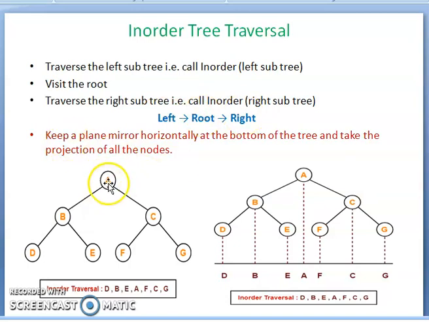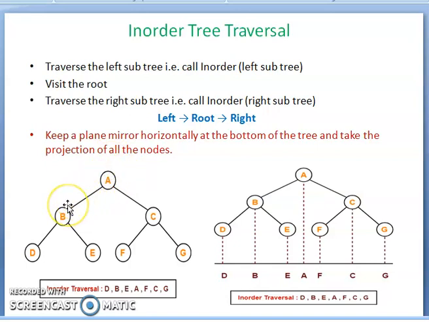Now for this in-order, what is the in-order for this tree? Simply move left, move left, move left, until there is no left, and then visit. Whenever you come to A, verify whether the left subtree is there.